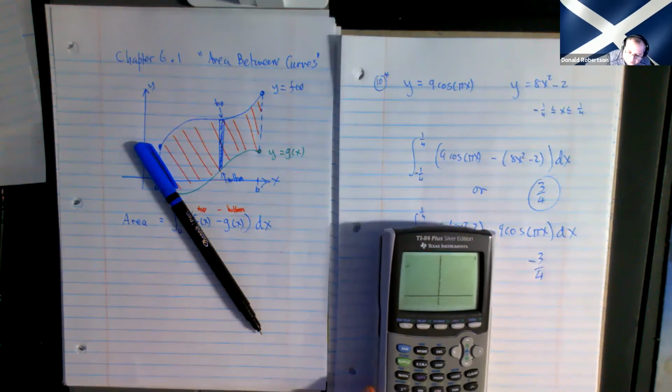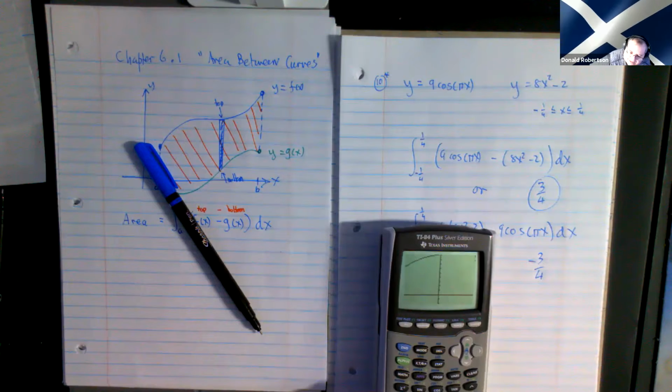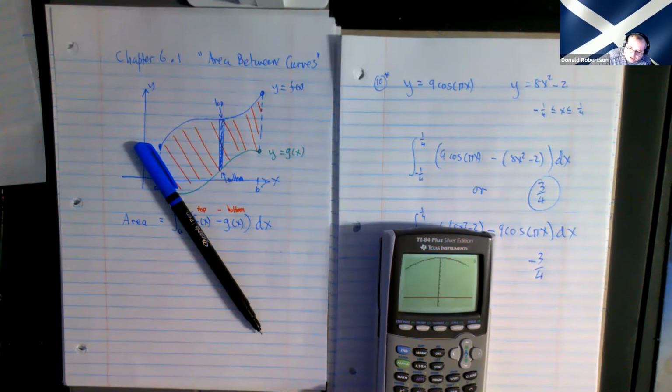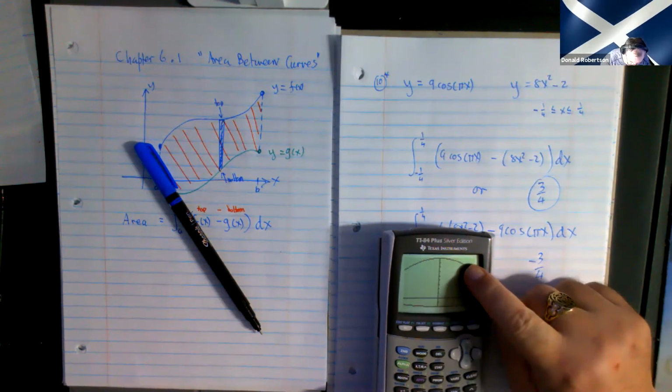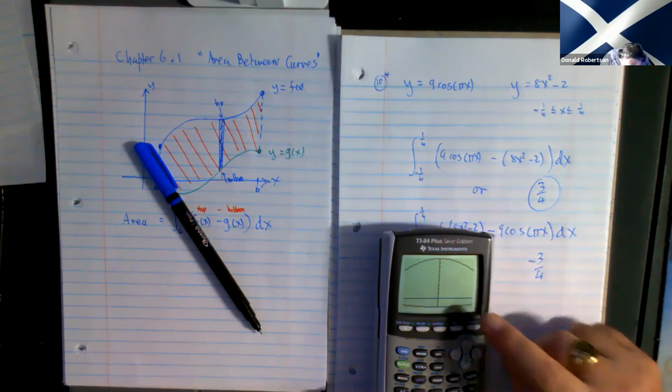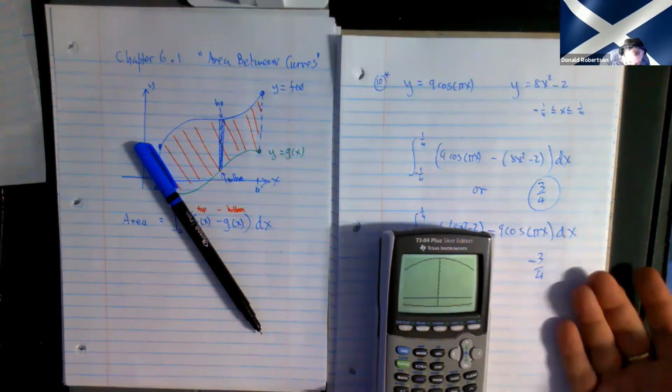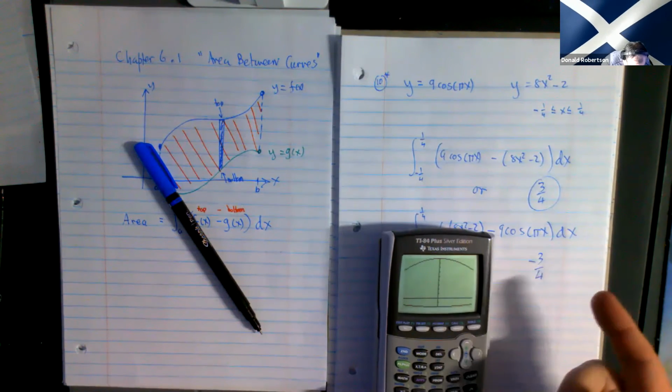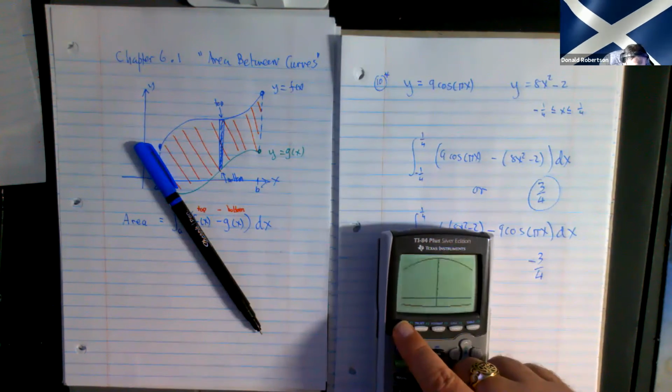It's my favorite zoom. Now, that guy there is 9 cosine pi x, and this guy coming along the bottom is the 8x² minus 2. Now, if you say, well, I can't tell looking at them that they are who you say they are, watch this little trick.